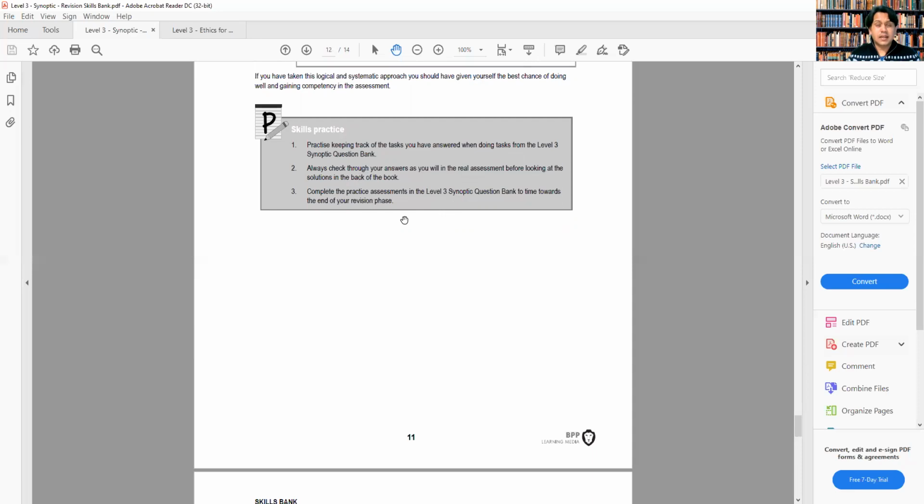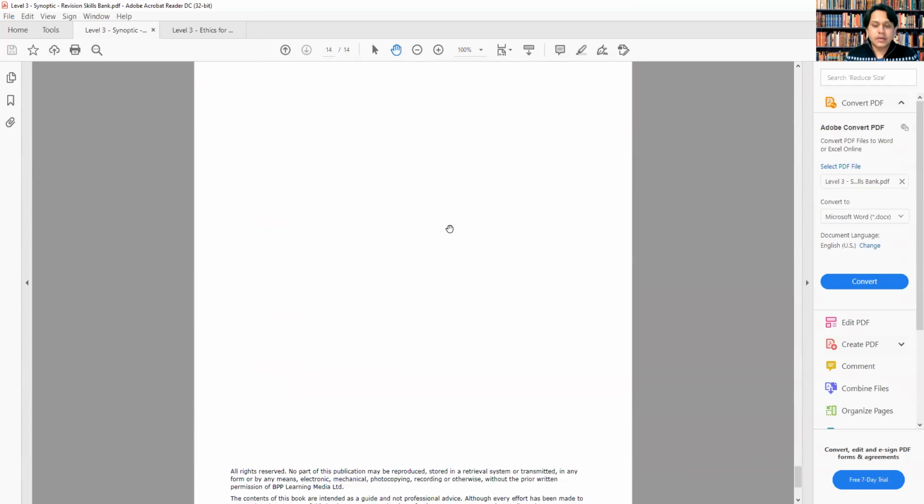So obviously, when you practice from the revision kit from the question bank, you set up your time and you check that you are finishing on time. When you start a question, you need to make sure you set up a time, like I need to finish this question in 15 minutes. So you check yourself, can you finish in 15 minutes or not?